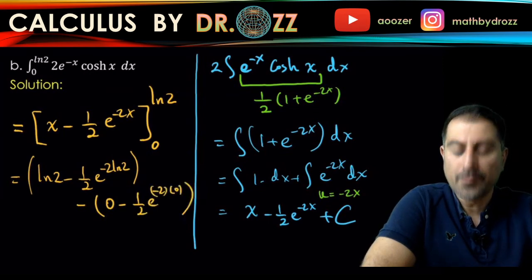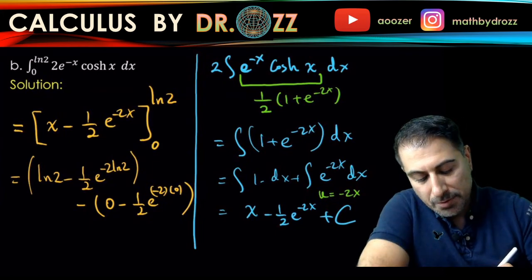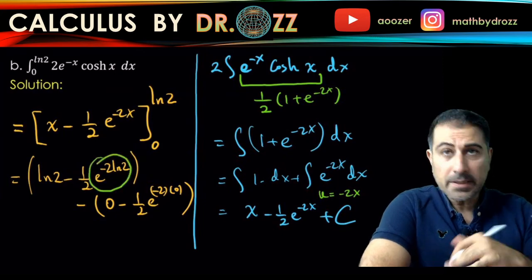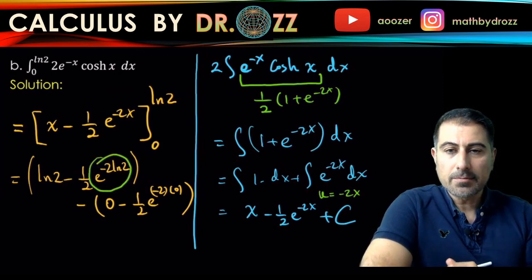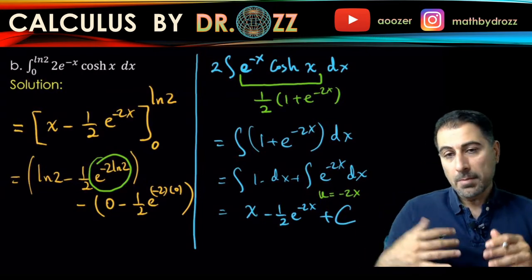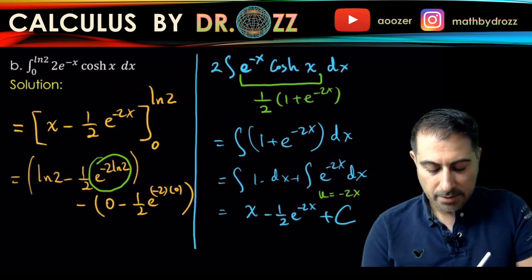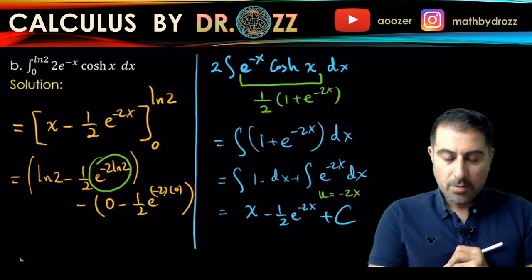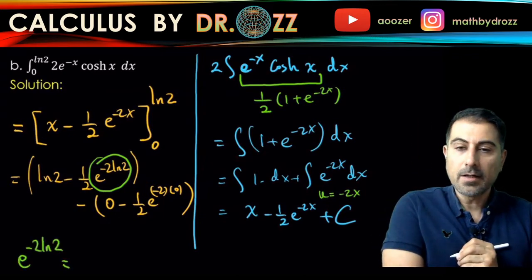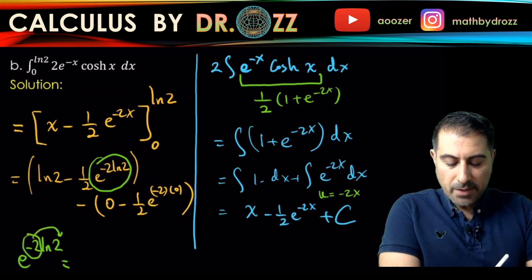All right, so first observation here is that this term here is a very special term. You can always use your calculator, but we're always trying to get the exact value, so you should know this property here, and not necessarily for this question only, but for future questions as well. So let me write that here. I'm going to put this minus 2 as an exponent of 2 in ln, that's one property of ln that I'm using here.